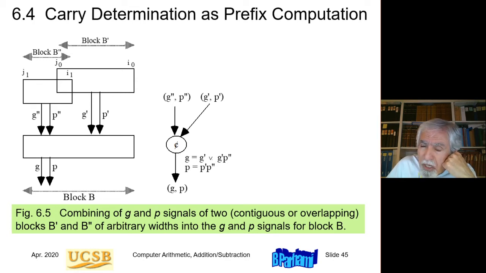They can be touching. And then it produces the P and G signal for the overall block that in this example goes from position I0 to position J1. So one block goes from I0 to J0. One block goes from I1 to J1, and they may be overlapping. And the overall block goes from position I0 to J1.